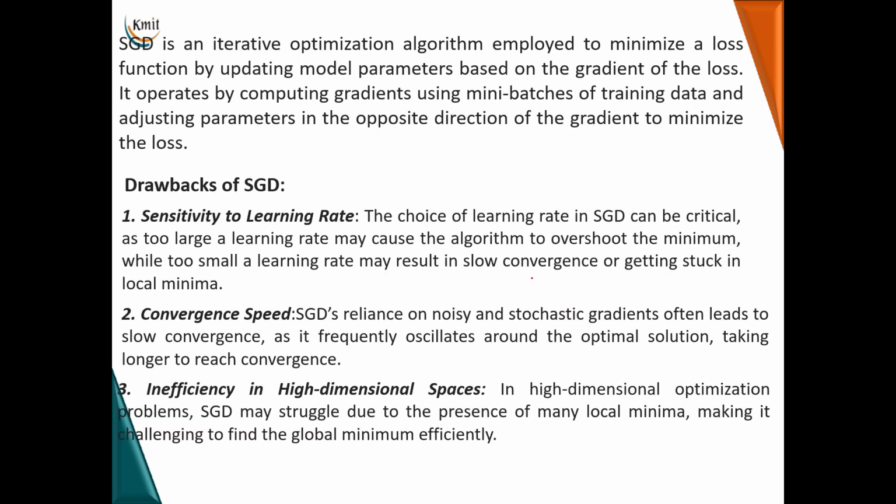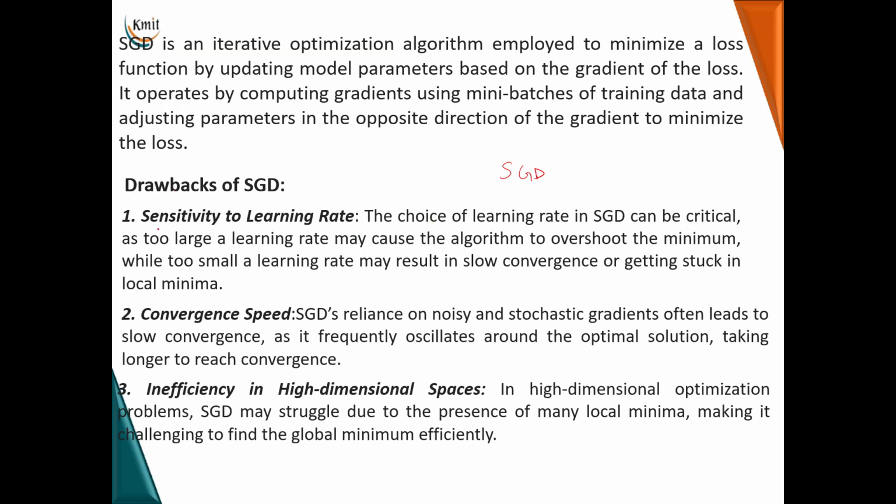Let us have a quick recap of stochastic gradient descent algorithm and also discuss a few of its drawbacks. Stochastic gradient descent is an iterative optimization method which will minimize the loss function by updating the parameters, that is by updating weights and biases.